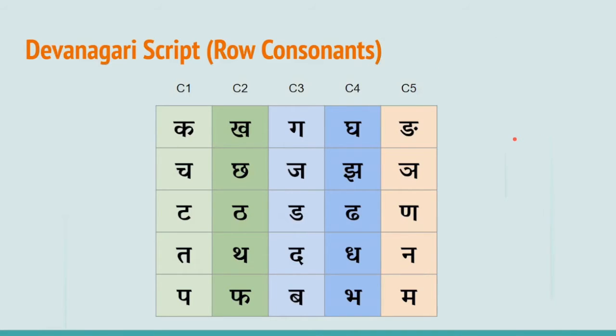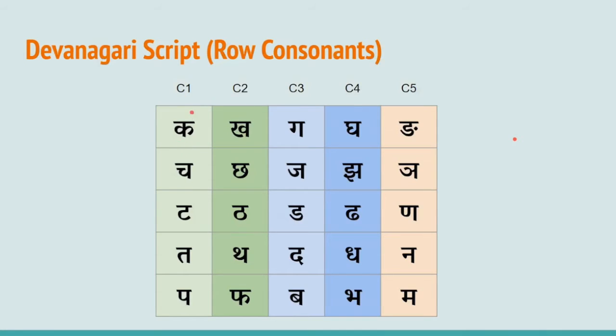So I hope that you have noticed the difference in the effort that we put when we read this column C1, and compared to the C1 column we put more effort. We have to aspirate out more air to read out the letters of C2.